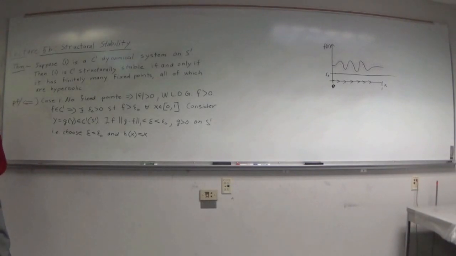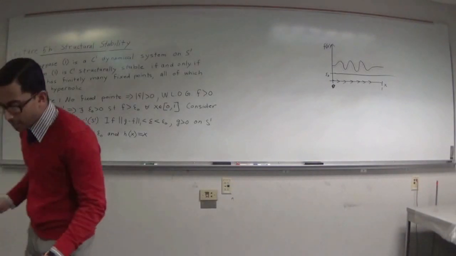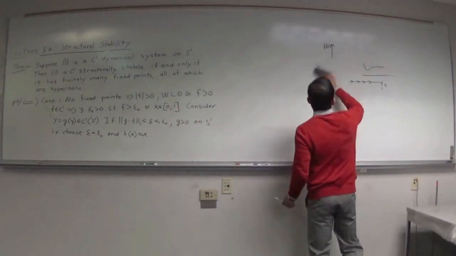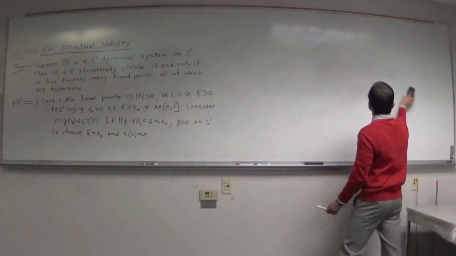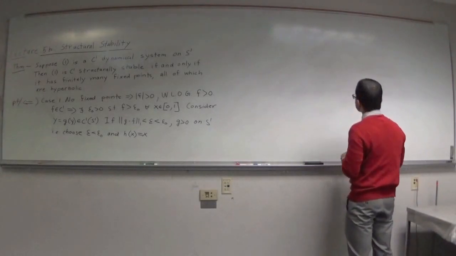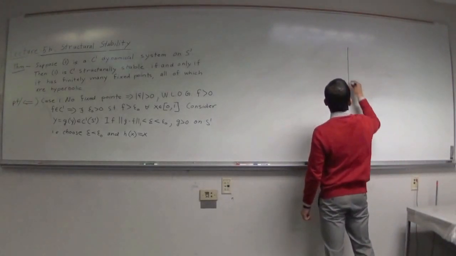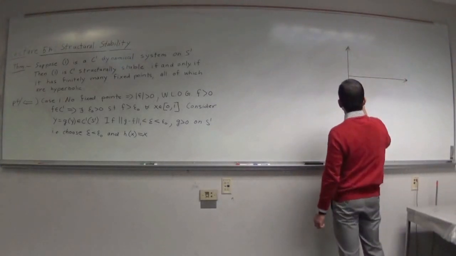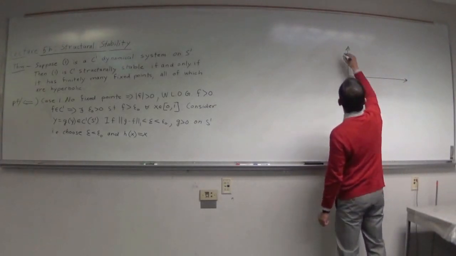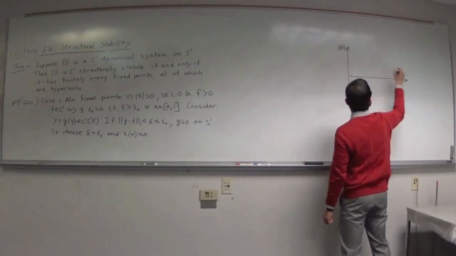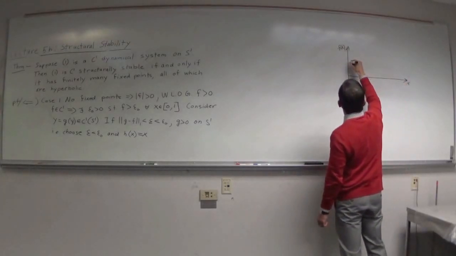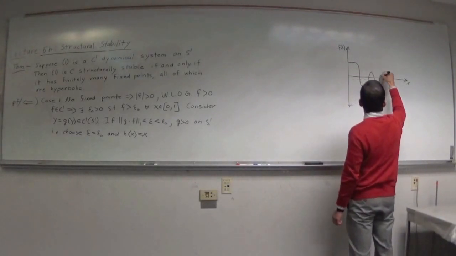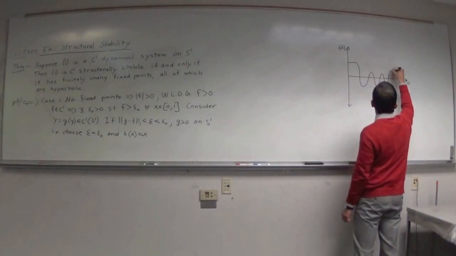Now let's think of something for finitely many hyperbolic fixed points. We want to take this picture again. I want to draw it like this now. Let's have f of x against x, and let's say we start like this and it's doing something, but these are all hyperbolic.